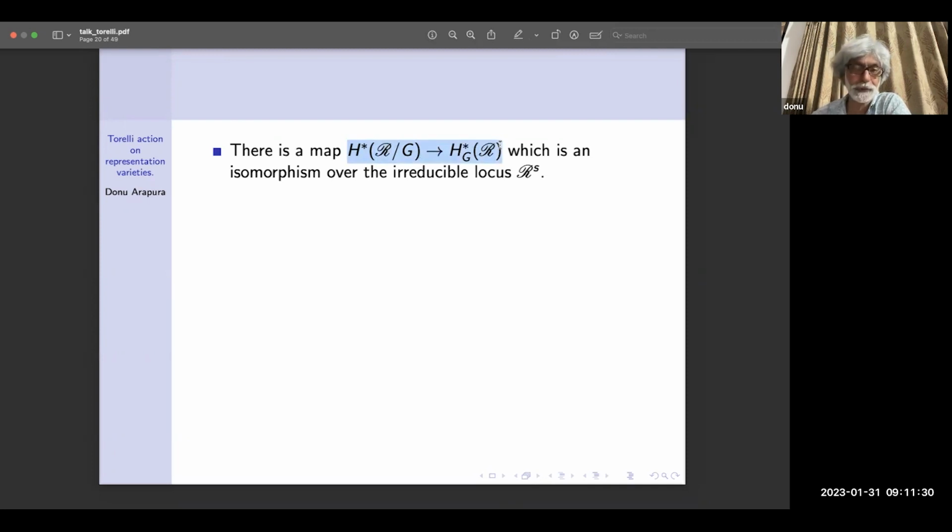Unfortunately, or maybe fortunately in our case, it's not an isomorphism in general, but it is an isomorphism over the locus parametrizing irreducible representations, which I write R^S because S stands for stable. That may not show up in the slides, but it does show up in certain arguments.